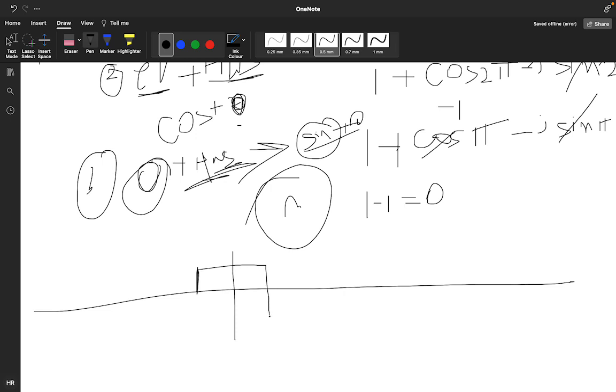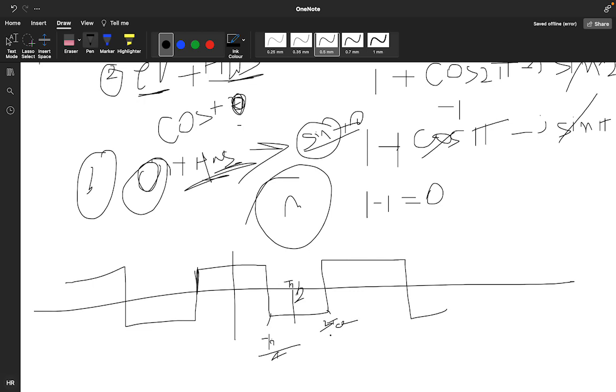This point is T naught by 4, this is T naught by 2, this is 3T naught by 4, and this is T naught.